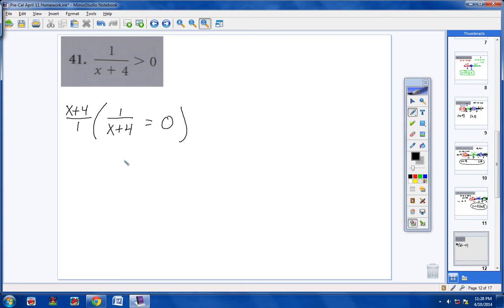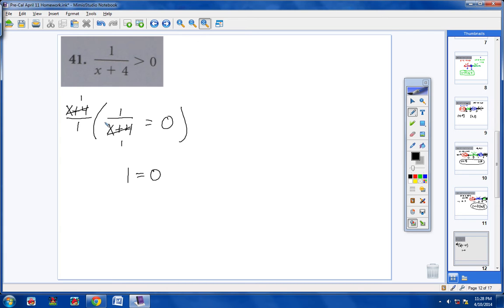Now when you do that, this cancels, and this cancels here. And you're left with 1 over 1, so you're left with 1 equals 0. Now students, there's no x's left. Everything canceled out, and you're left with a false statement, 1 equals 0. Now what that means is there's no solution.